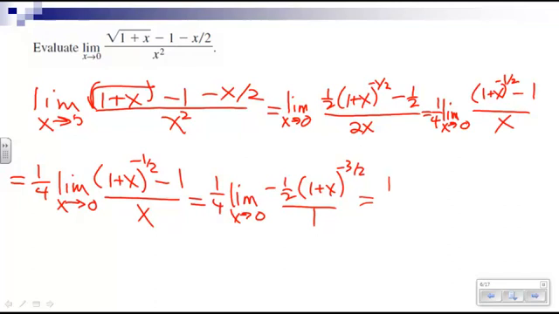It doesn't matter though, because if you put 1 to the negative 3/2, you still get 1. Well, that is true, but when I rewrite this, oh, you're right. That's going to be 1 to the 3/2. So it's going to be a 1 times 2. It looks like this limit becomes 1/8. That was supposed to be 1 plus x to the 3/2 power. I got cramped up.